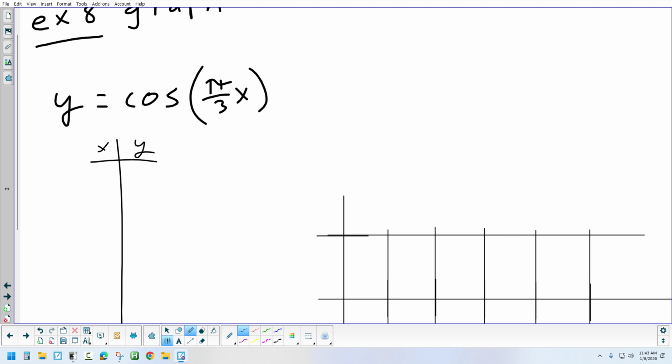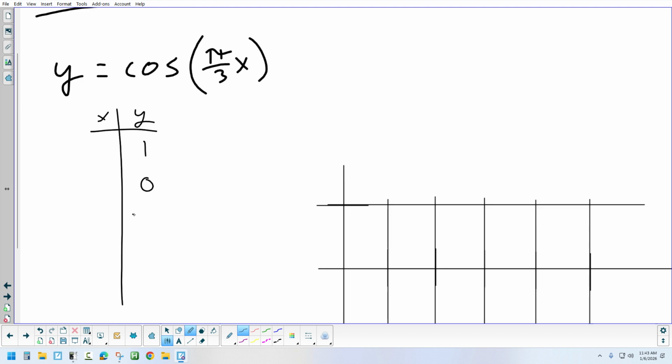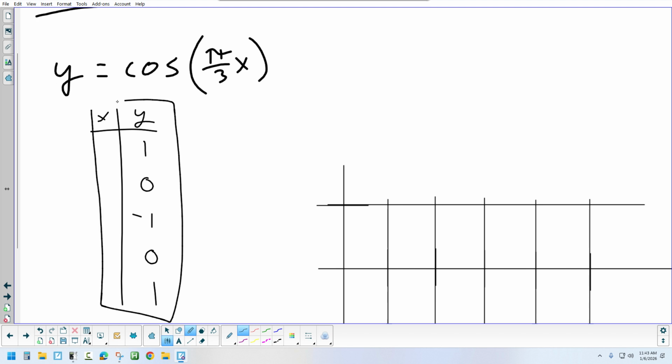And what are those? 1, 0, -1, 0, 1. Somebody else tell me, what do I do next? Yes. On this side, write down all your original x's. Okay, let's put the original x's. Can you tell me those?